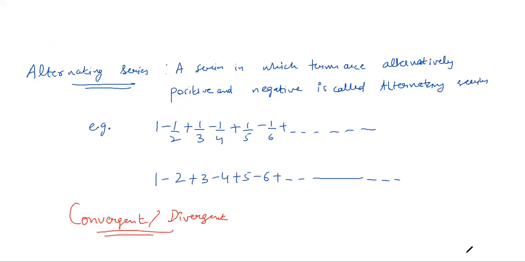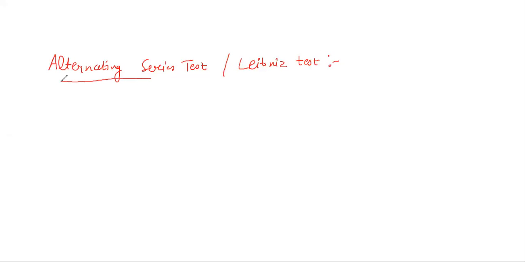Alternating series has its own test, which is called the alternating series test, or this is also called the Leibniz test, because this was given by Leibniz in the form of a theorem.